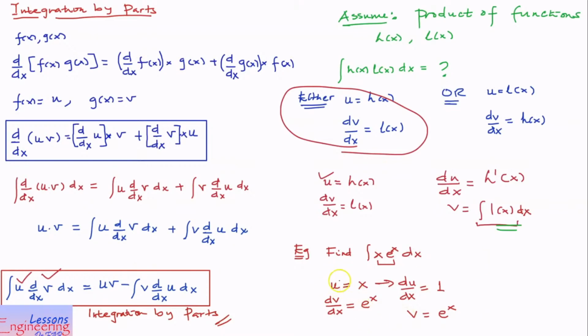So now our job is done. We have u, we have dv by dx, we have du by dx, and finally we have v. Everything is now defined, and it's easier to go and solve that problem.